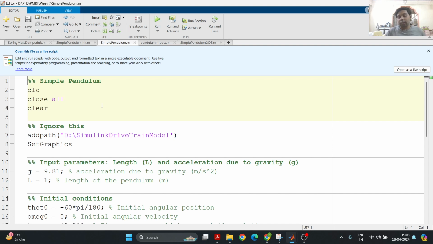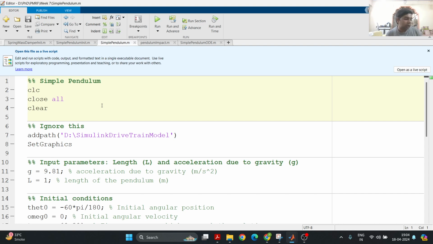There was an example of a simple pendulum using Simulink. We covered that example in the 7th week's usual session, and we also discussed how to use Simulink as well as Simscape for solving a simple spring mass damper kind of problem. But that was mainly focused on Simulink.